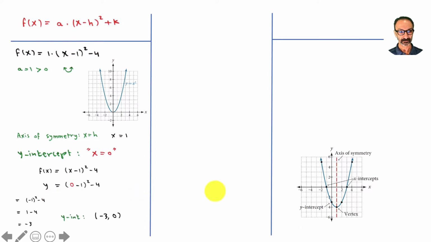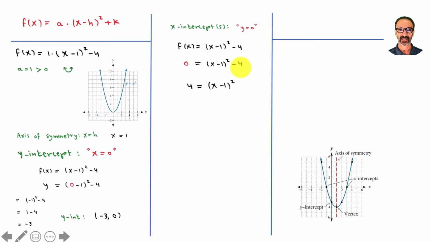Now, to find the x-intercepts, we're going to set y equals 0. I could see them from the graph, but let's do the algebra. Set y equals 0. Add 4 to both sides. Rewriting it the other way around, just like the normal way we're used to. Now, taking the square root of both sides, I end up with x minus 1 equals plus or minus the square root of 4.